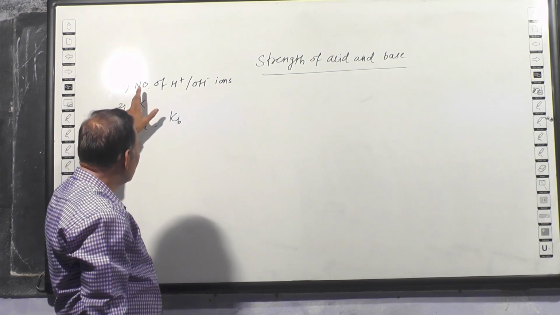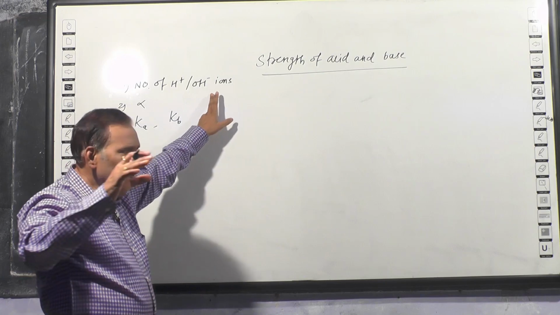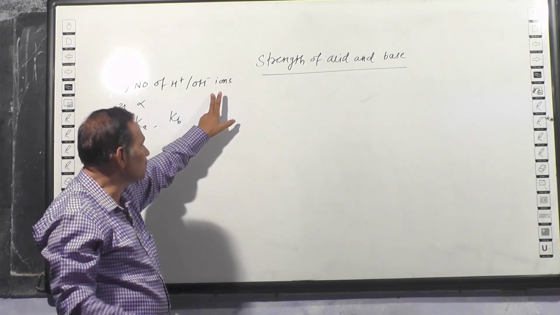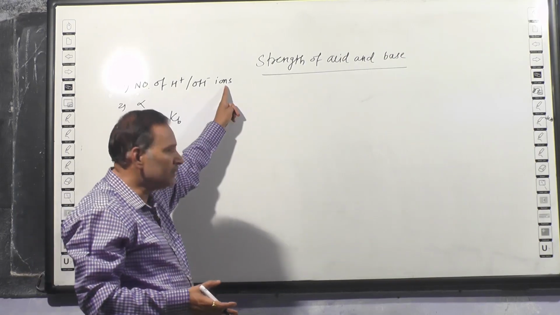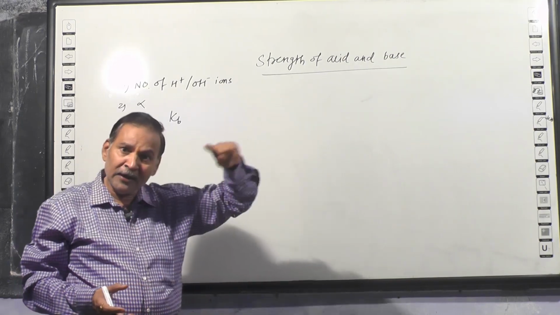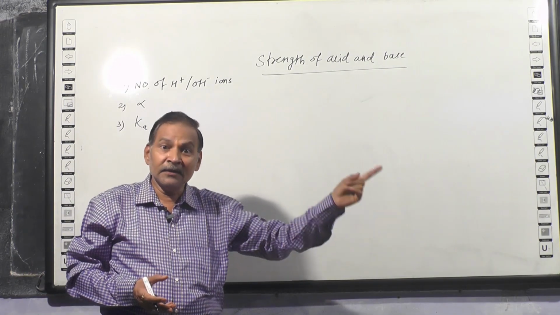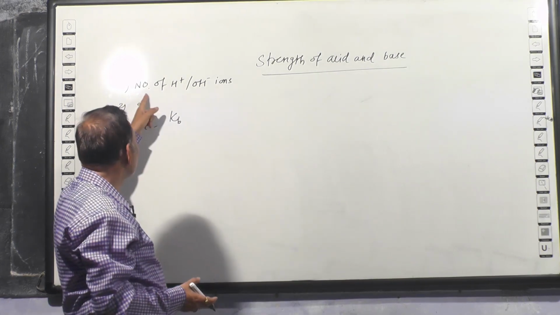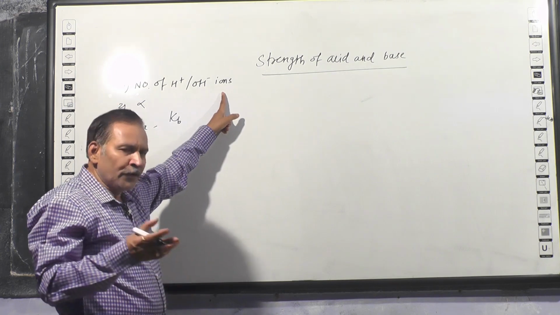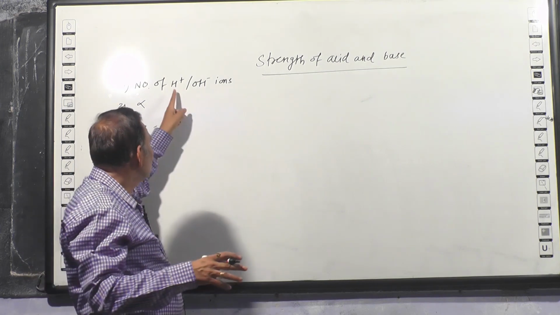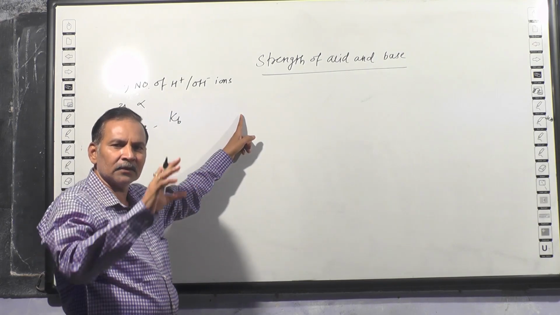The first factor tells you the number of H plus and OH minus ions. Whenever the acid or base undergoes dissociation and the reaction is reversible, when equilibrium is reached, how many H plus ions are present on the product side? That number is nothing but the number of H plus and OH minus ions. So if at equilibrium the number of H plus ions produced is more, the acid is strong.